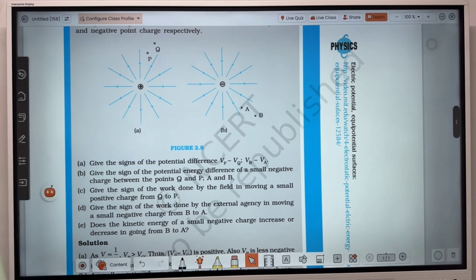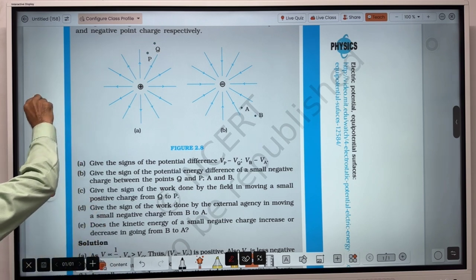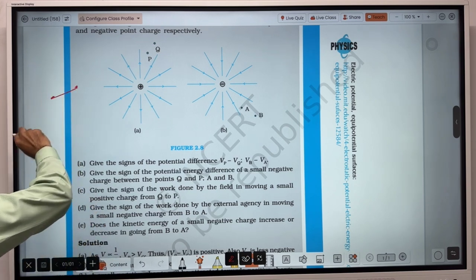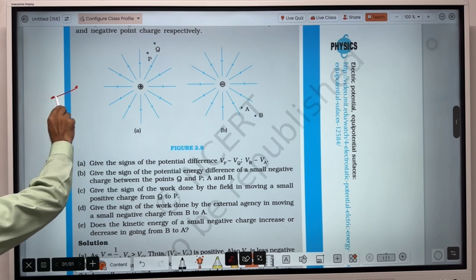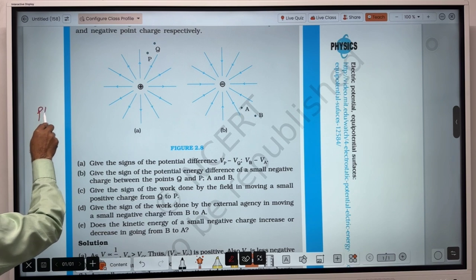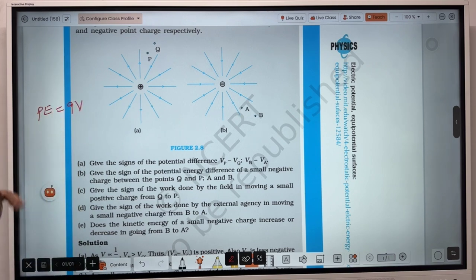because if you consider the concept of potential energy, what is that? Suppose you are given two charges. Here there is one charge. You can consider the other way around. Potential energy is Q times V, right?